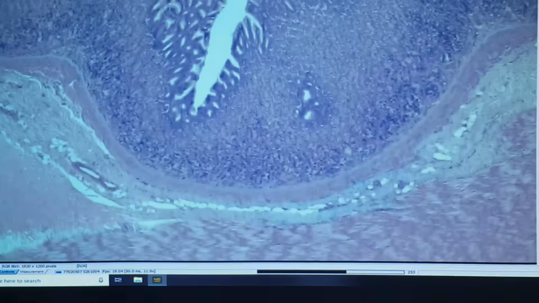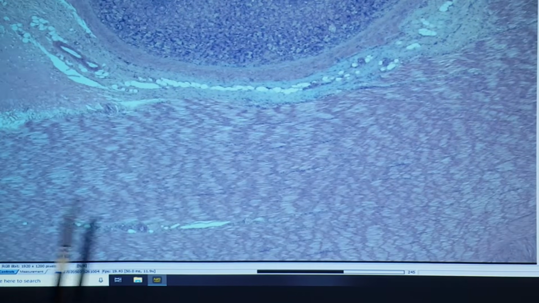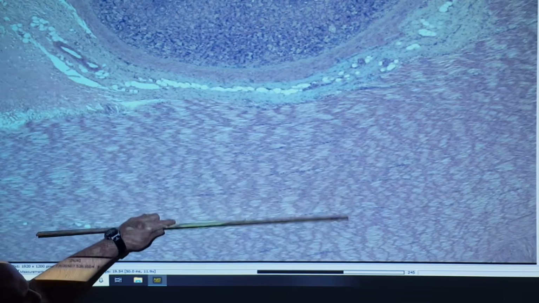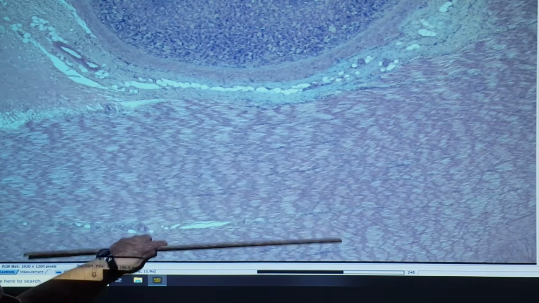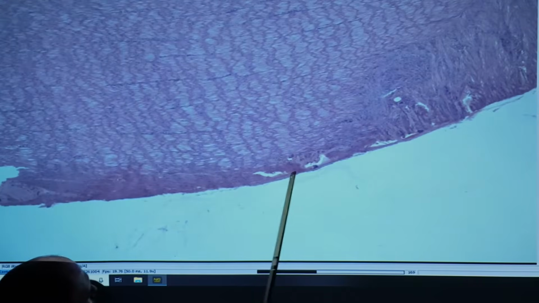And if I keep going down, look at this, people. A beautiful giant sheet of smooth muscle fibers. This is the muscularis layer of the stomach. And then at the far outside, where things start to look like they're loosening up a little bit, this is the serosa layer.